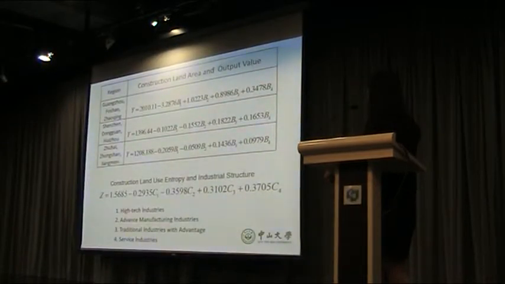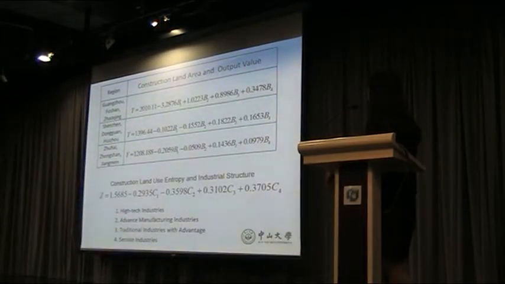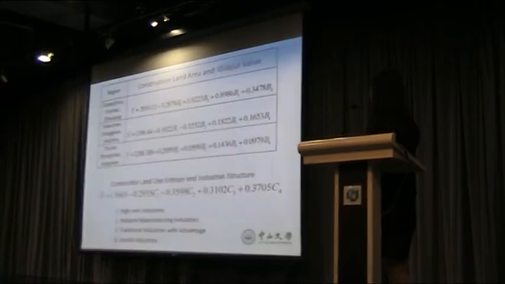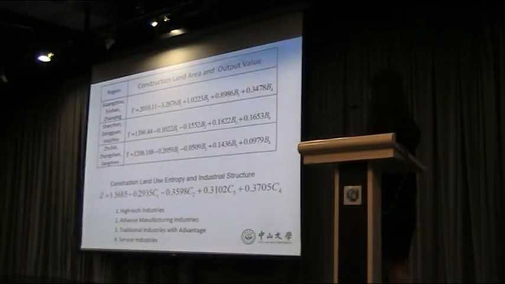On the contrary, the traditional industry with advantage and the service industries will be pretty land consuming. As for advanced manufacturing, it quite depends. It depends on what the subsectors are, which stage of the industrial value chain you are situated in.